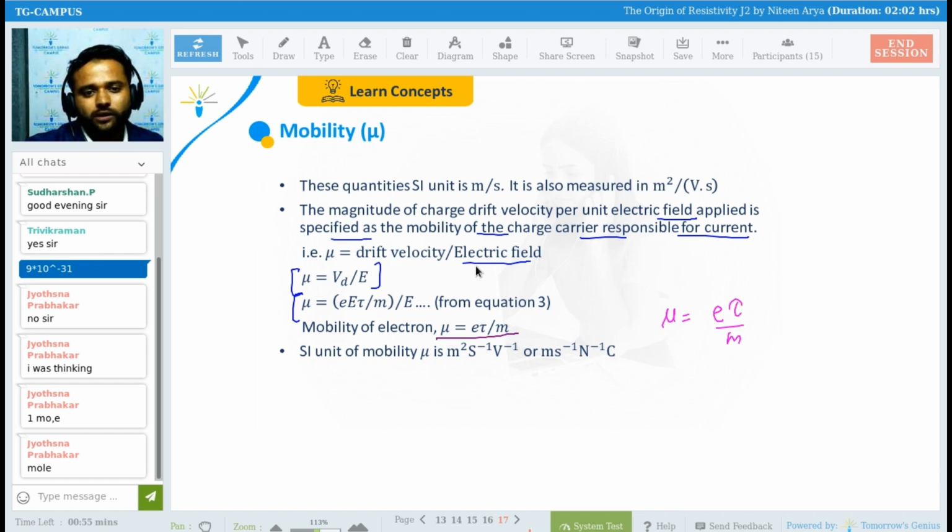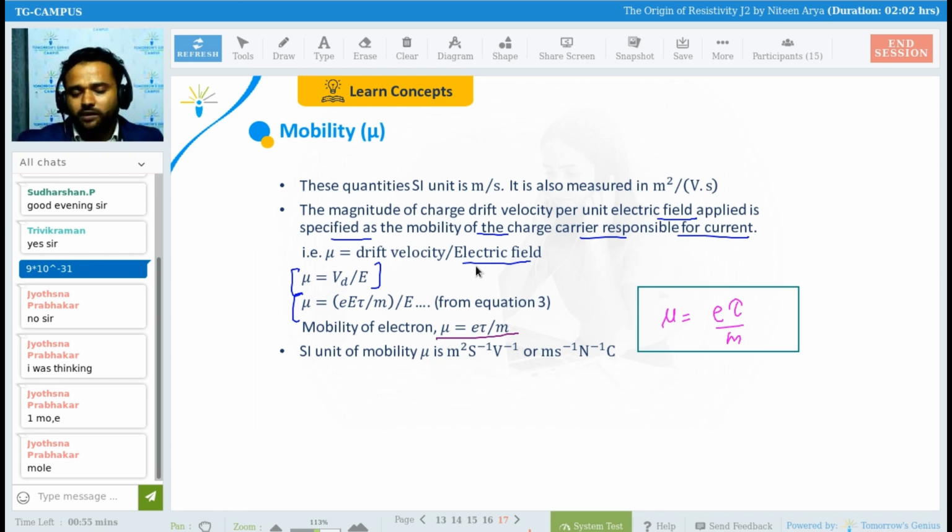What question do they generally ask from this relation? If instead of the mass of the electron we use a proton, how is your mobility going to change?